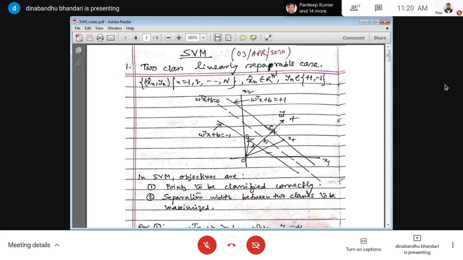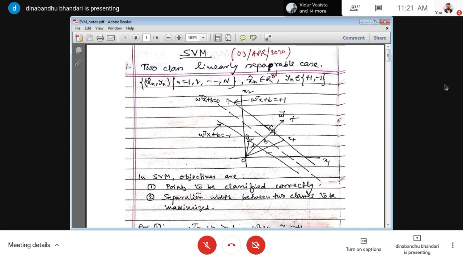We have got this data. Xn is a d-dimensional vector, that is, Xn belongs to Rd, d-dimensional real space, and Yn are the labels, +1 or -1. Now see, we have two classes here, right? Suppose plus, and there are several other points around this. There are several other negative points around this one, labels -1. Here, these points are labeled +1.